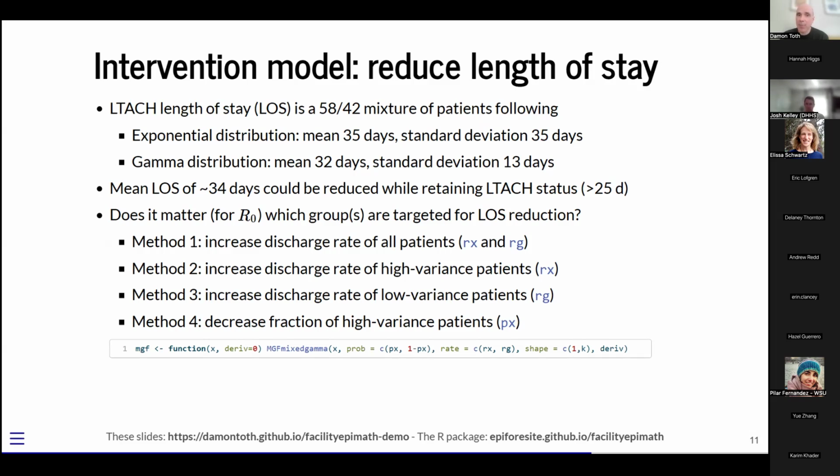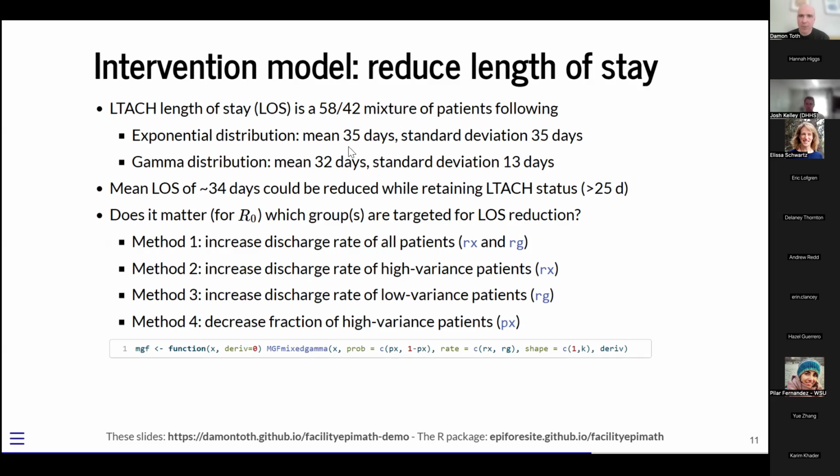But because we have a pretty complicated length of stay distribution, there's more than one parameter you could modify that would reduce the average length of stay. Specifically, we modeled this mixture distribution. The distribution that fit the LTAC length of stay data pretty well was this exponential-gamma mixture, with a pretty close to 50-50 mixture of patients following each one.